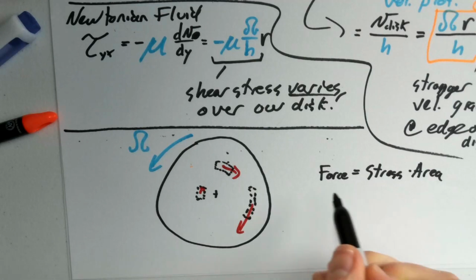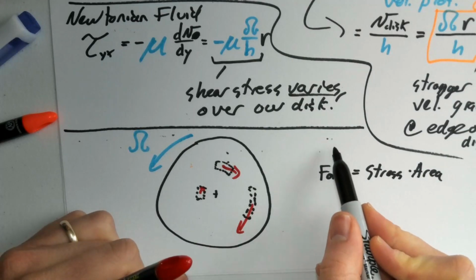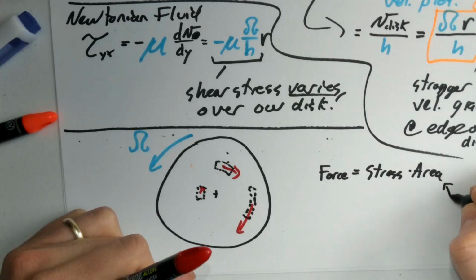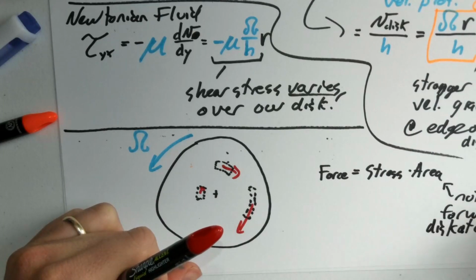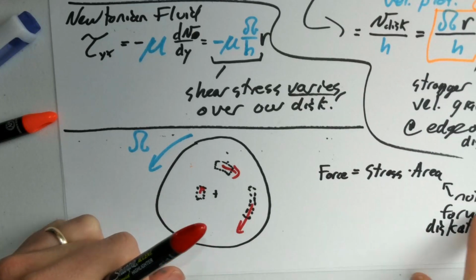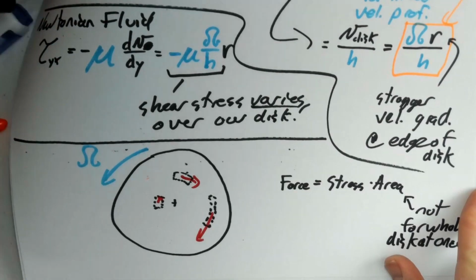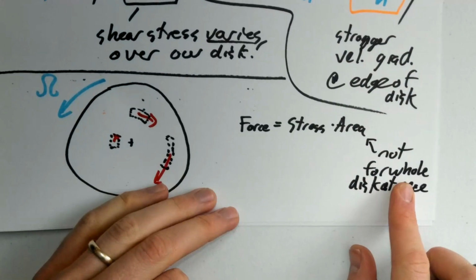So this idea of force equals stress times area, we're not going to be able to do for our whole disk. We're not going to be able to apply this type of analysis for our whole disk at once.